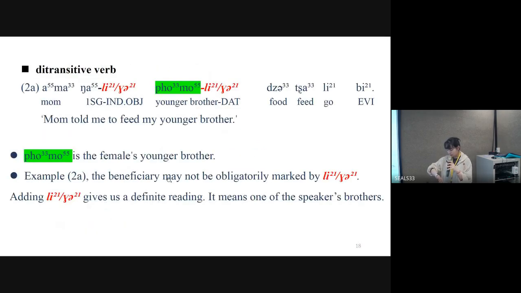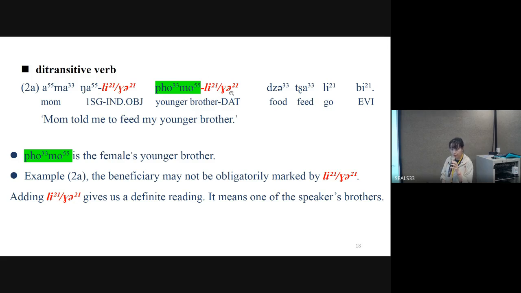This side shows this transitive verb. For example, to A, ama ngan homo ni: Mom tell me to feed my younger brother. In this situation, homo is a female's younger brother, and in general it's not necessary to mark this beneficial relative.